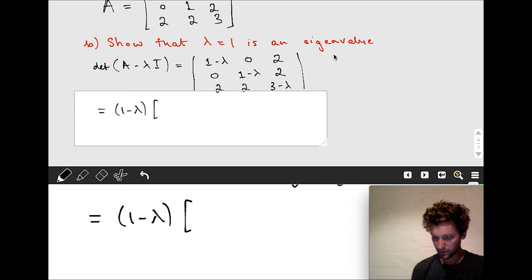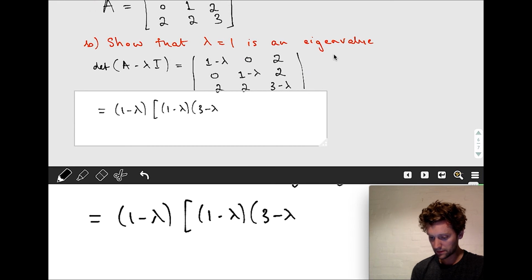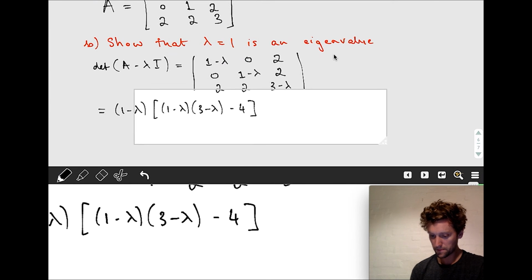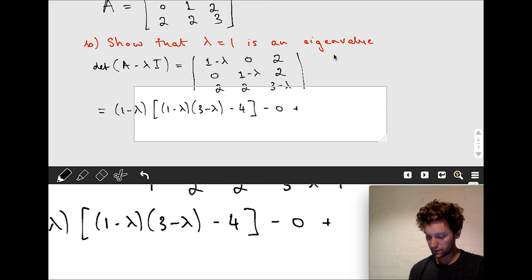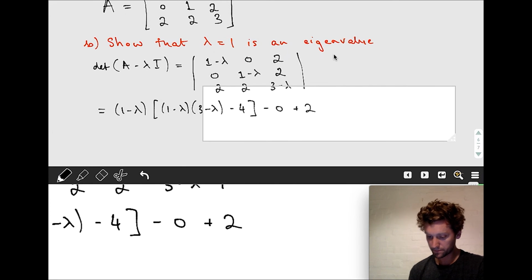I'm going to do it a little bit quicker now. 1 minus lambda, times 3 minus lambda, minus 4, minus 0 times stuff, plus 2 times 0 times 2, minus 2, 1 minus lambda.